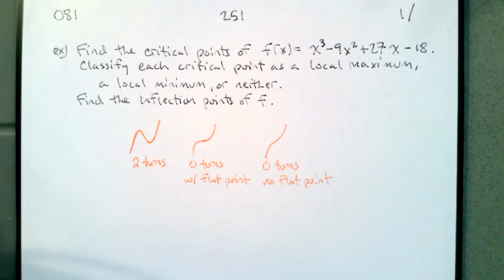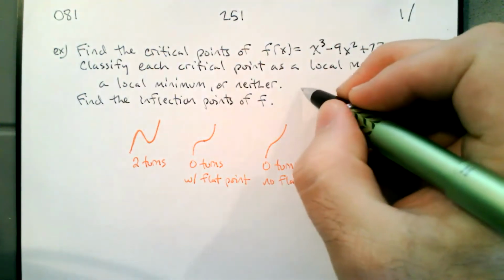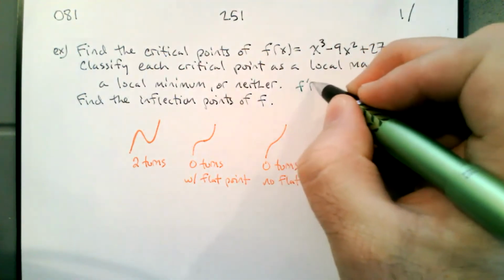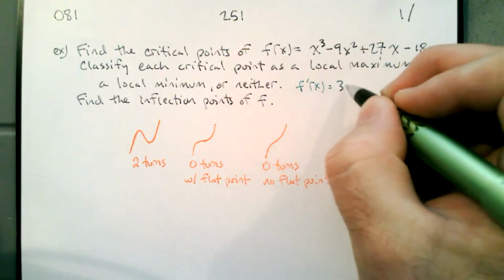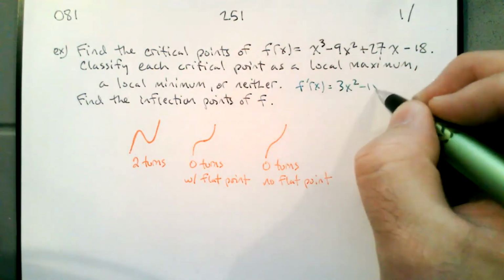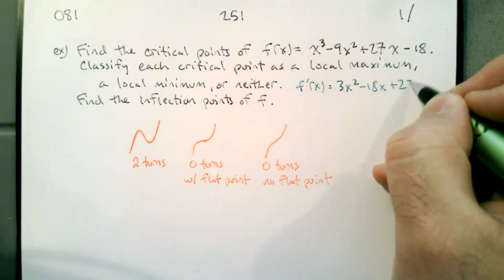We'll find the number of turns based on the derivative, f prime. So notice that f prime is going to be quadratic. f prime of x is 3x squared minus 18x plus 27.